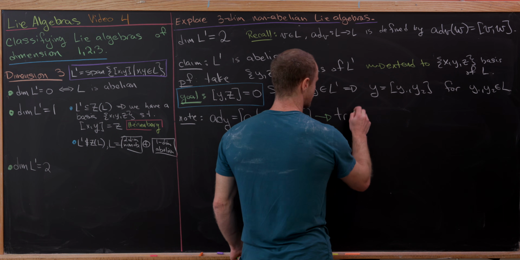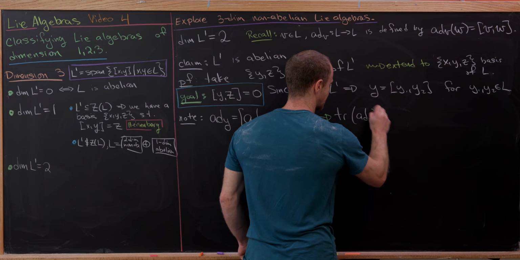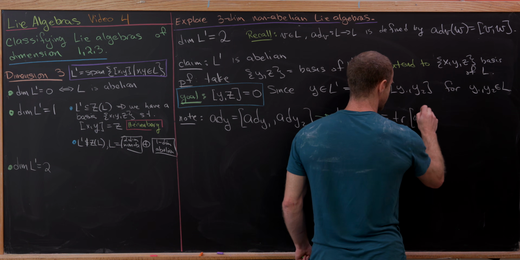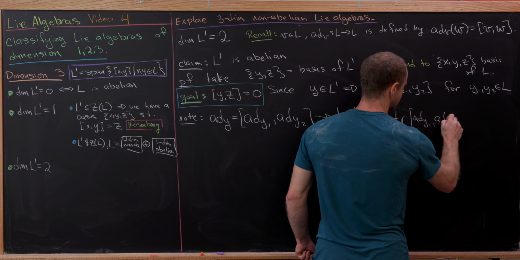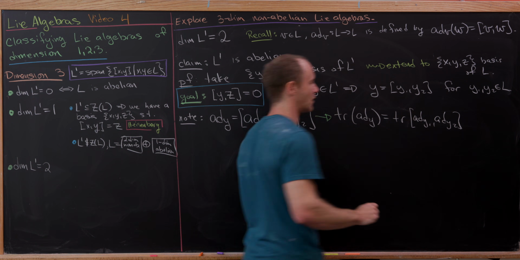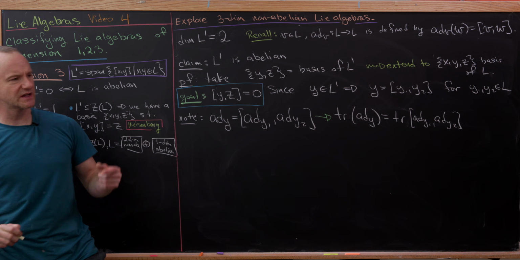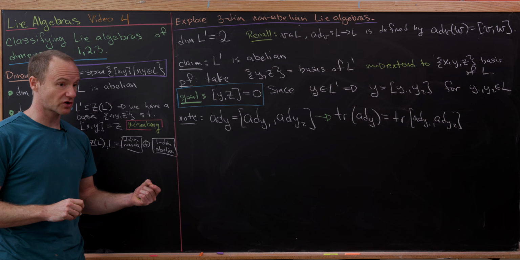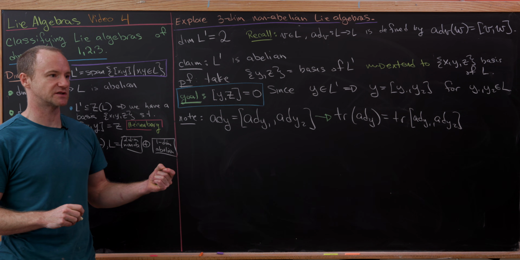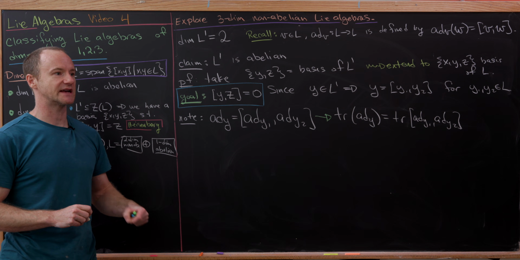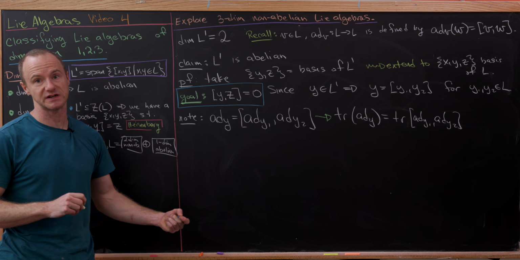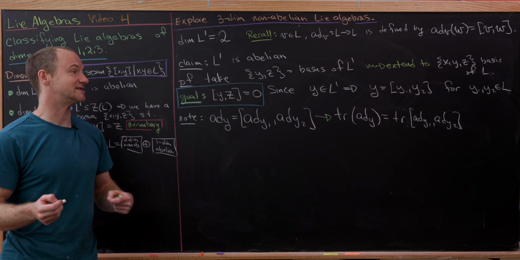The trace of the adjoint action of Y is the same thing as the trace of the commutator of the adjoint action of Y1 with the adjoint action of Y2. But in a previous video, there was a homework exercise to show that the trace of a matrix A times a matrix B was the same thing as the trace of B times A, meaning the trace of a commutator of matrices was 0.